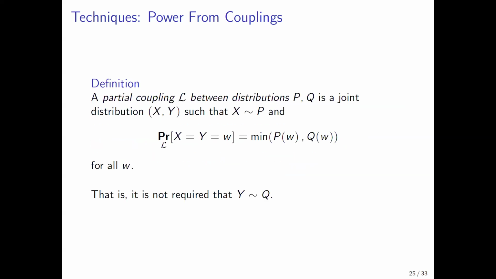A partial coupling L between distributions P and Q is a joint distribution (x, y), such that x follows P and the probability that x equals y equals w is the minimum of P(w) and Q(w). As you can see, we do not require that y follows Q.